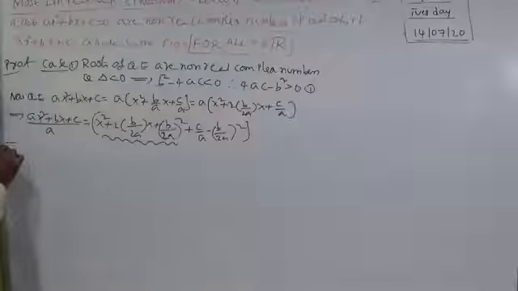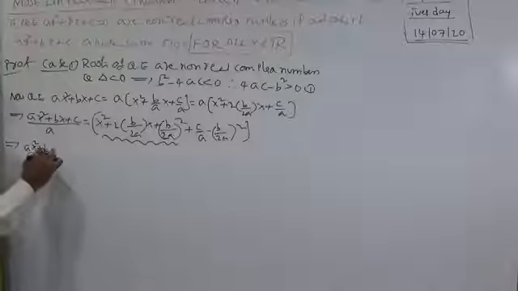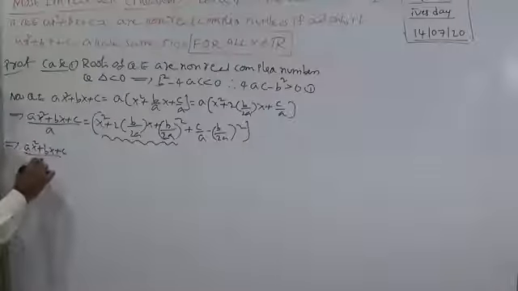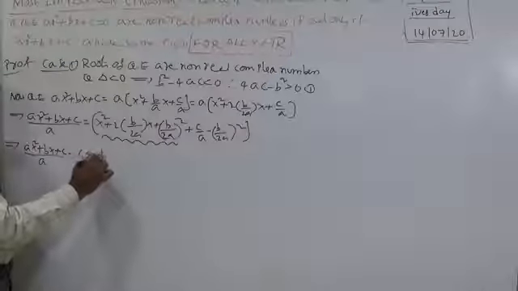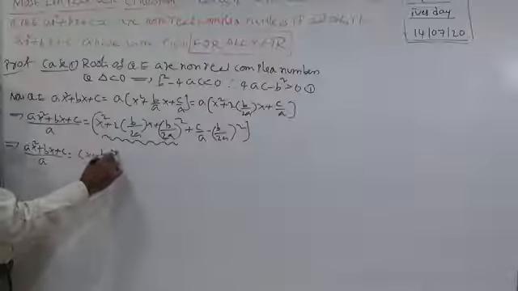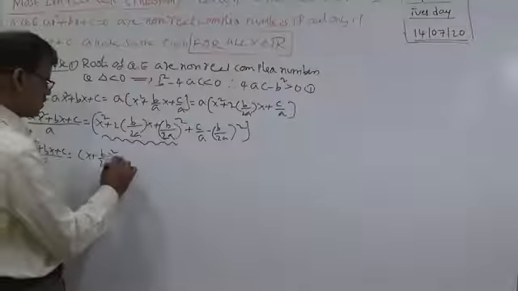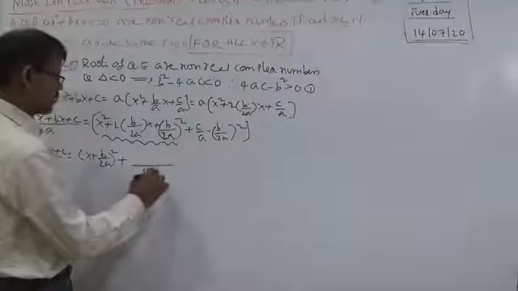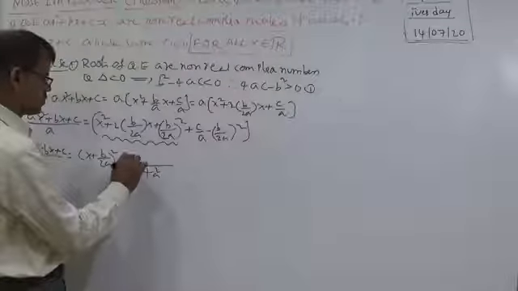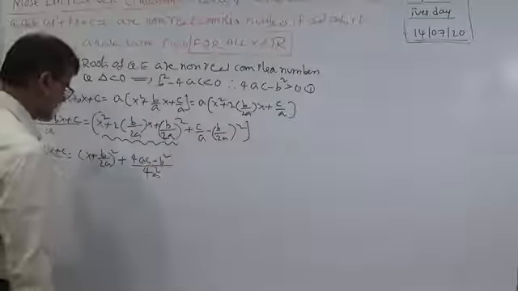Here you write simply ax square plus bx plus c by a is equal to, this is of the form a plus b whole square concept, so x plus b by 2a whole square you can write. By taking LCM, it becomes 4a square, so this will be divided 4ac minus b square like this.